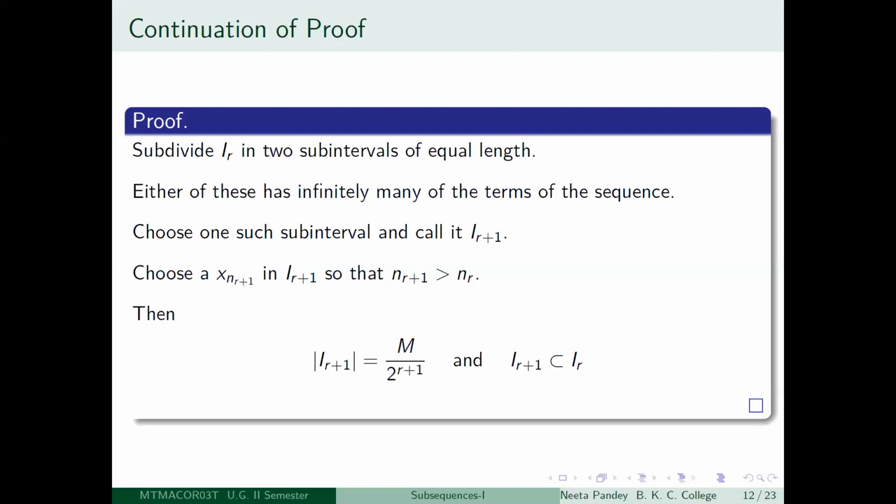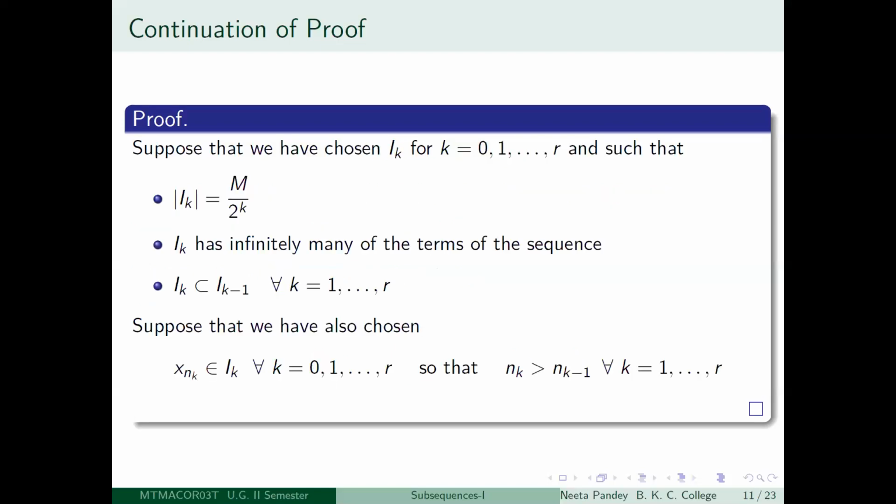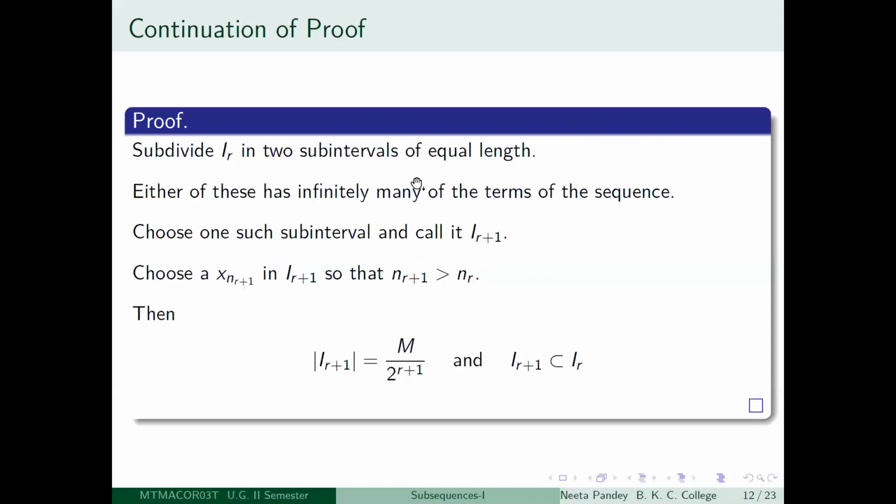So take that n_{r+1}th term, fix it up, and notice that I_{r+1} is a subset of I_r, first of all, by your choice. And not only that, its length has become half of the length of I_r. So the length of I_r was m divided by 2 to the power r, and now you're looking at half of that. So it has become m divided by 2^{r+1}.